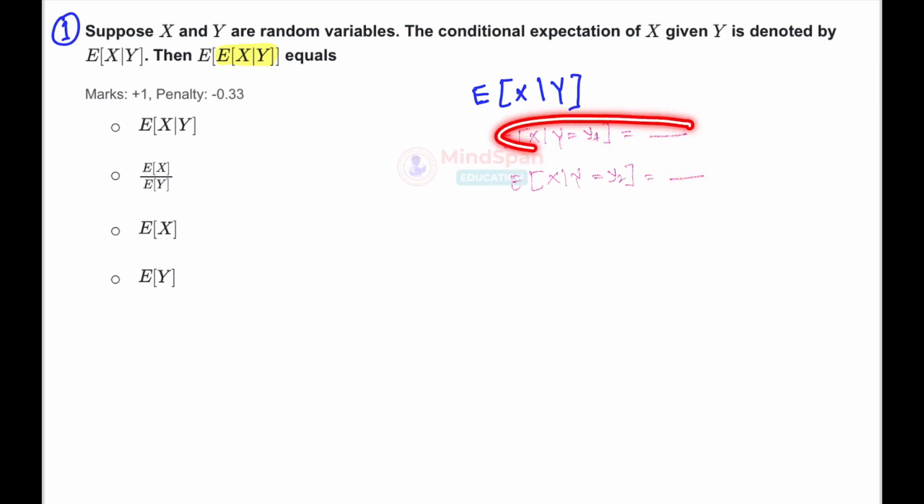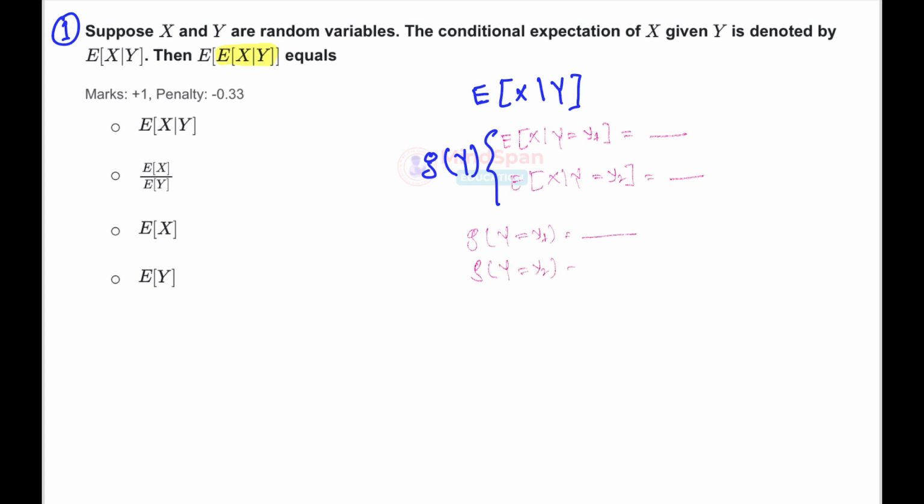Overall, the conditional expectation is a function of this random variable y, right? If y takes the value y1, we will have an output of this function, or if y takes the value y2, we will have another.